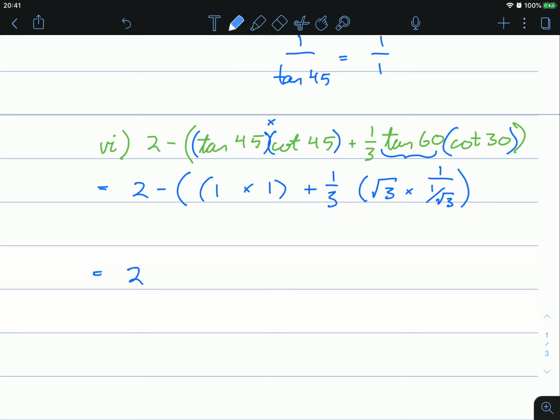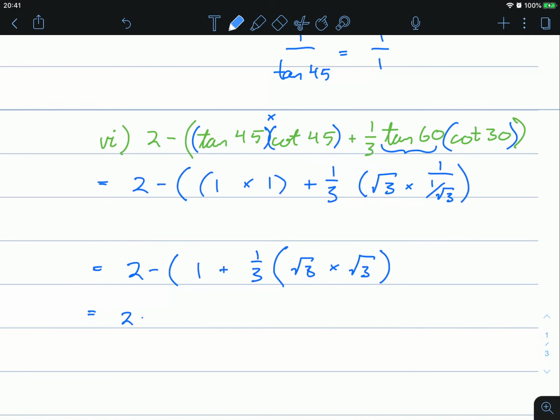Let's evaluate this. 2 stays as it is. This first bracket is going to be 1 plus 1/3 times, evaluating this, 1 on root 3 is the same as root 3.